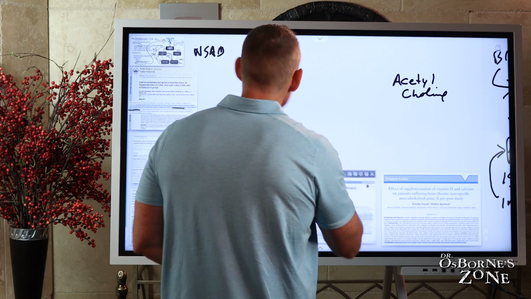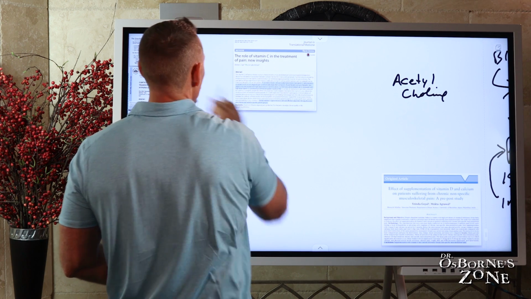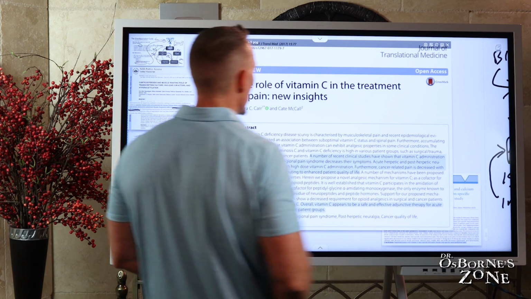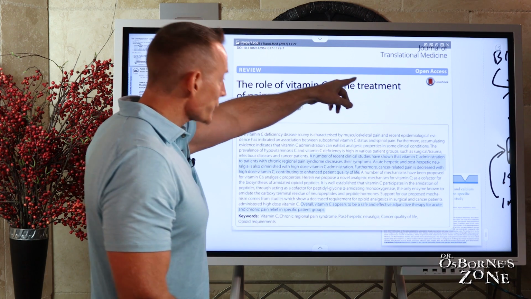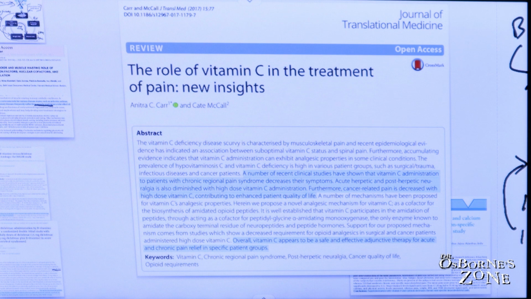Now, I want to pull up this as well. I thought this would be important to show you. The role of vitamin C in the treatment of pain. You see here, a number of recent clinical studies have shown that vitamin C administration to patients with chronic regional pain syndrome decreases their symptoms.